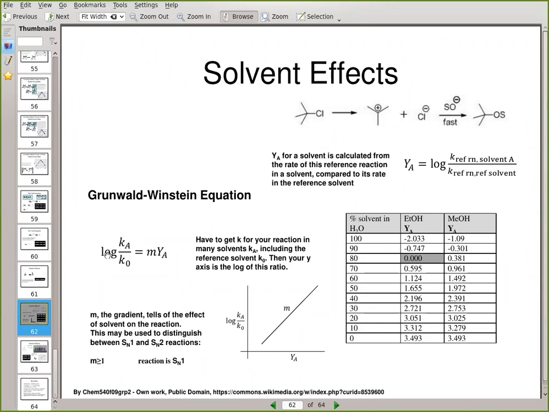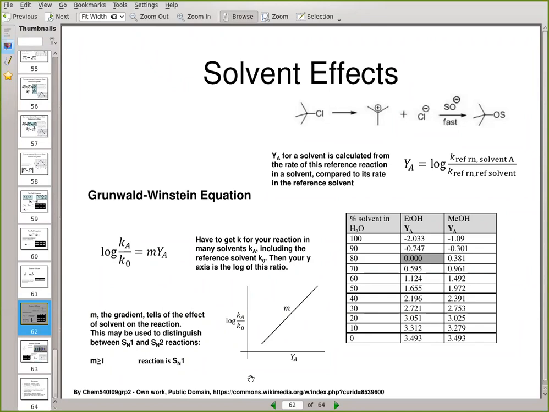So your graph is not about changing substituent, it's about changing solvent. You have to get the rate of your reaction in many solvents, including the reference solvent. Then your y-axis is a log of a ratio of a reaction in an arbitrary solvent over a reaction in a reference solvent.